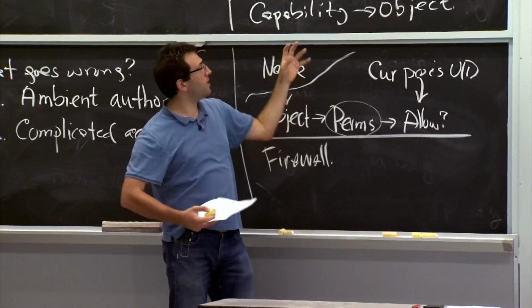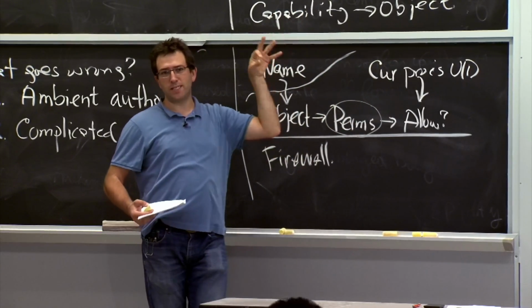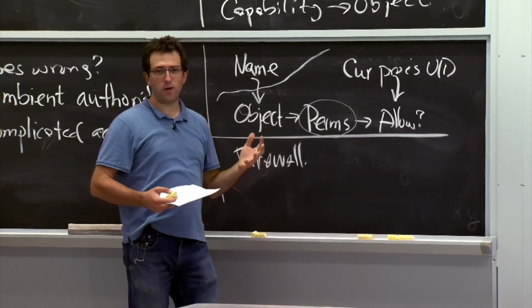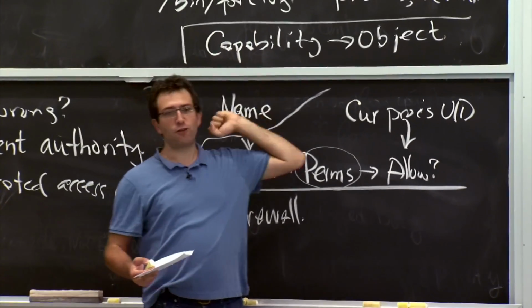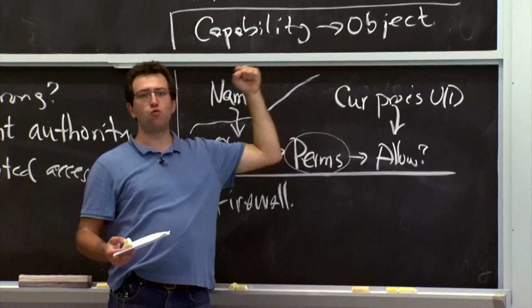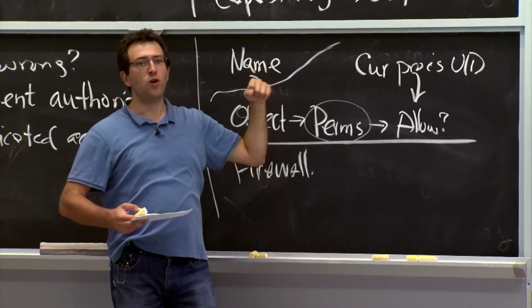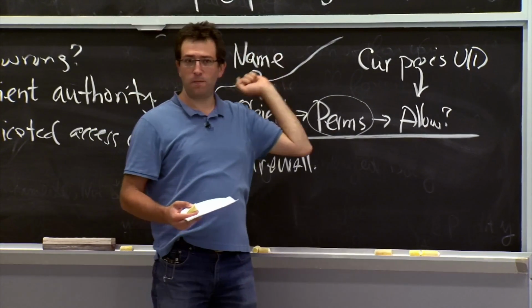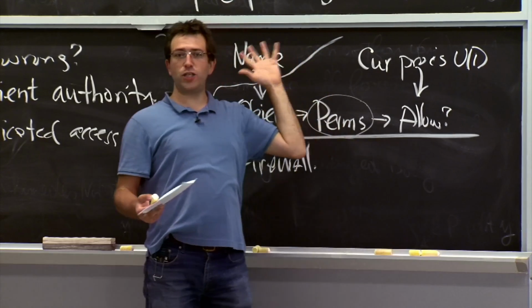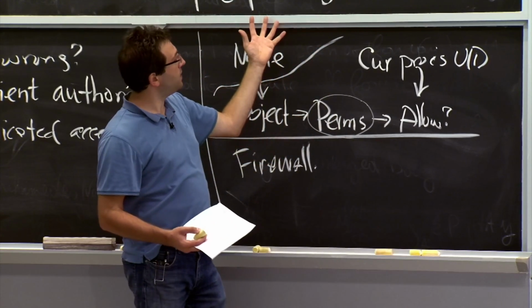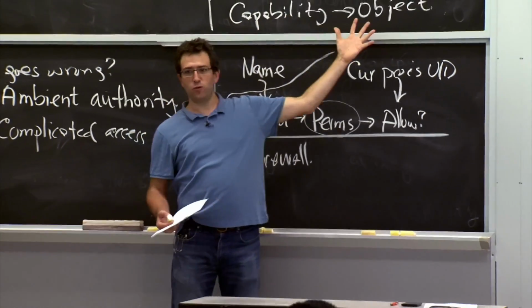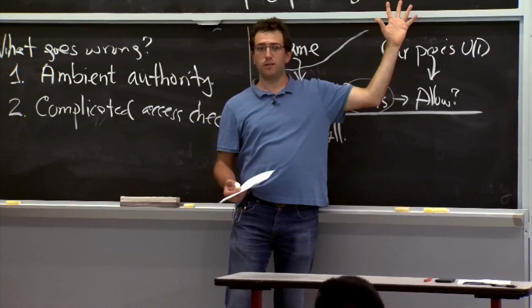The only thing is that maybe the capability has a couple of extra bits, or this mask that they describe in the paper, which says, well, you have a capability for this file, and it's restricted to read operations only, or it's restricted to write or append operations only. And then your security decisions are all of a sudden very easy, because if you have a capability, you can do something. If you don't, you can't.